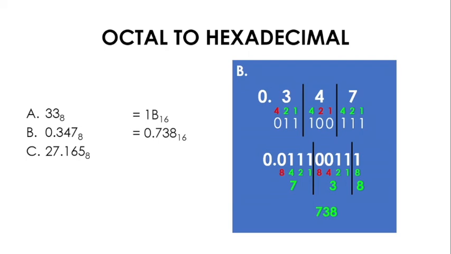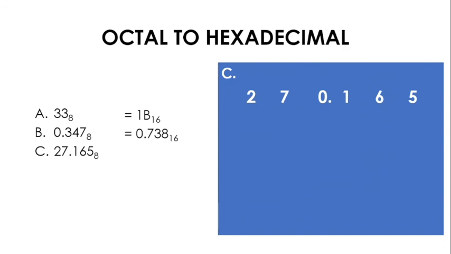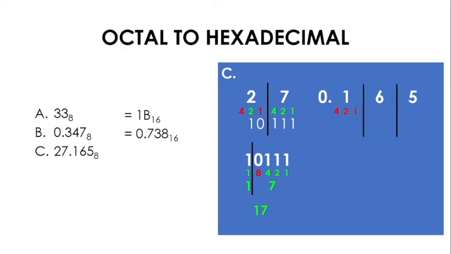For the last example, we will just combine the process we did on the previous examples. For the whole number and the fractional part of the number, we will first convert it into binary, and the binary equivalent of that octal, we will be converting again to hexadecimal.